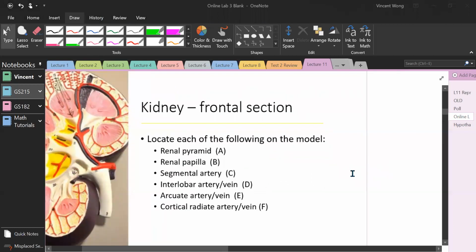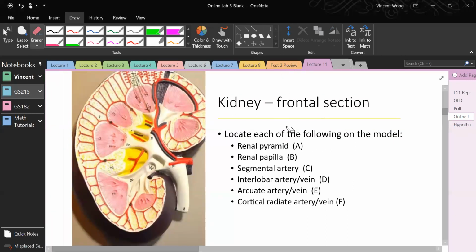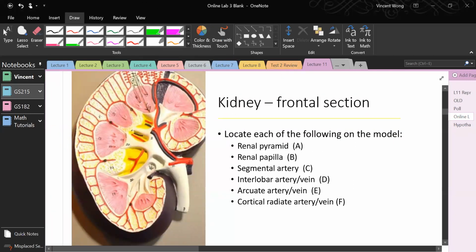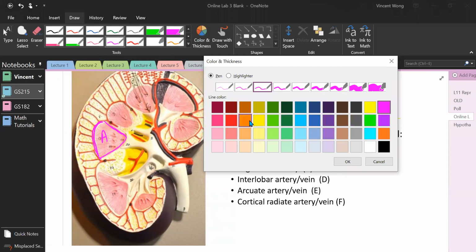Locate each of the following on the model. Renal pyramid. That should be easy. So there is a renal pyramid. Okay. All these are renal pyramids. Renal papilla. The renal papilla is the tip of the pyramid.